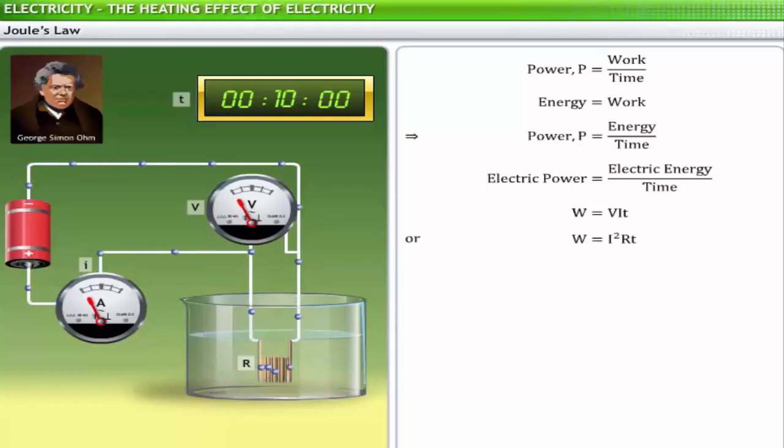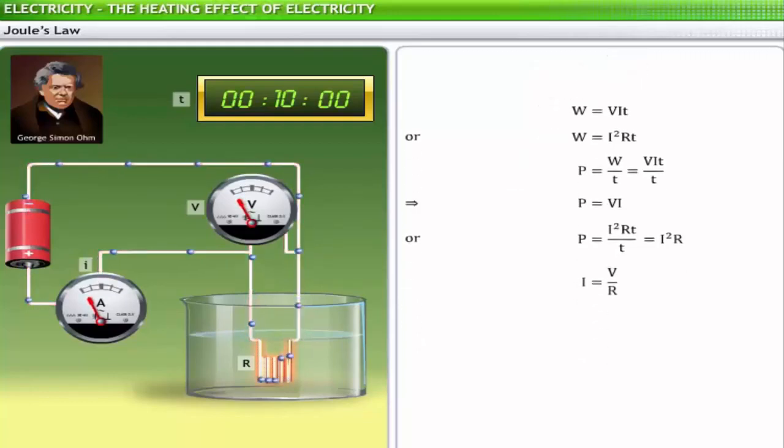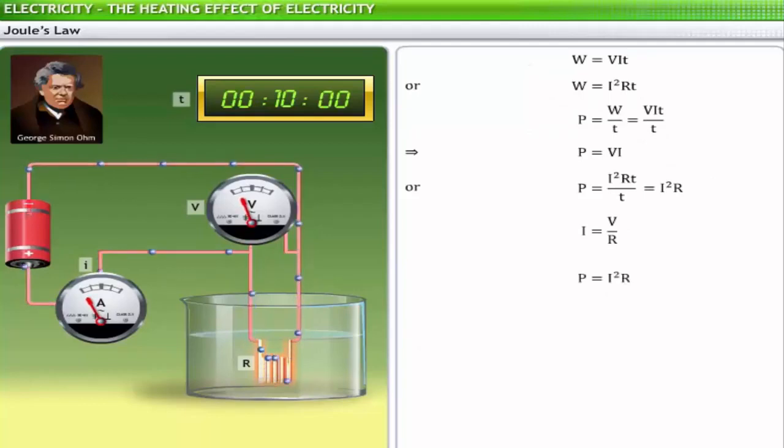Hence, electric power can be expressed as P is equal to VIT by T. This implies P is equal to VI, or P is equal to I square RT by T. This implies P is equal to I square R. Substituting V by R for I in the expression P is equal to I square R and simplifying, we get electric power equals V square by R.